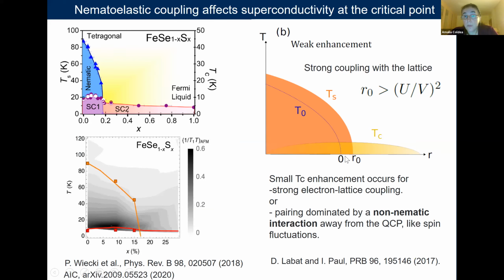So if the spin fluctuations are responsible, then we expect that when the spin fluctuations are strong, like inside the nematic phase, we will see an enhancement in superconductivity, which is what experiments show. A very small dome exists inside, but not at the nematic endpoint.